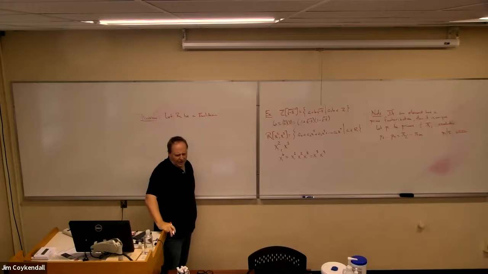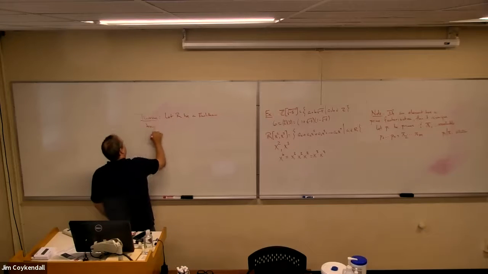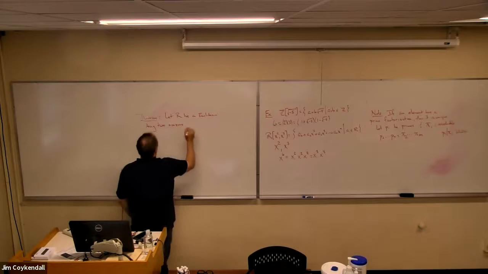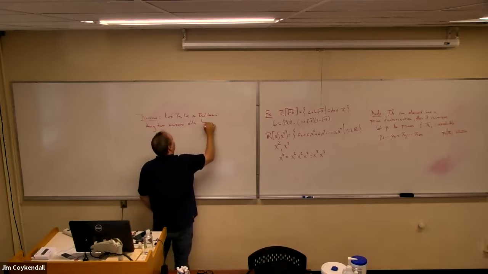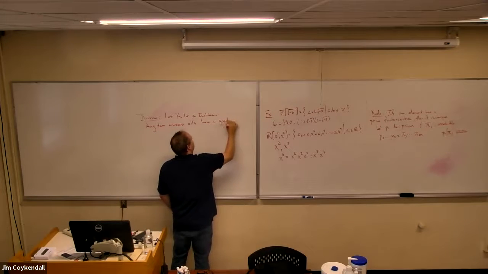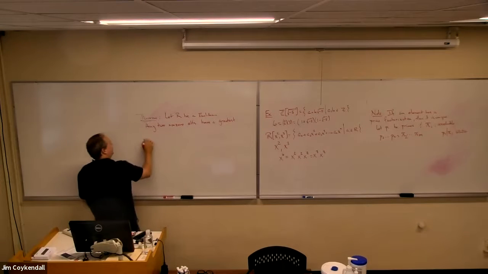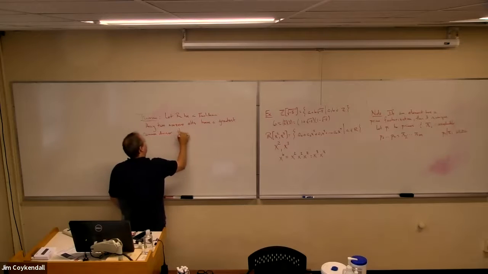Any two non-zero elements of R have a greatest common divisor that is a linear combination of them both.